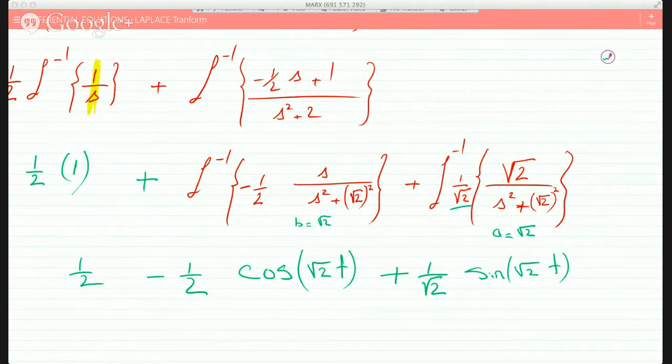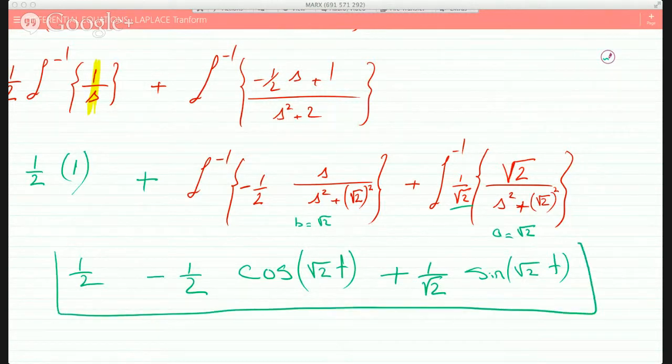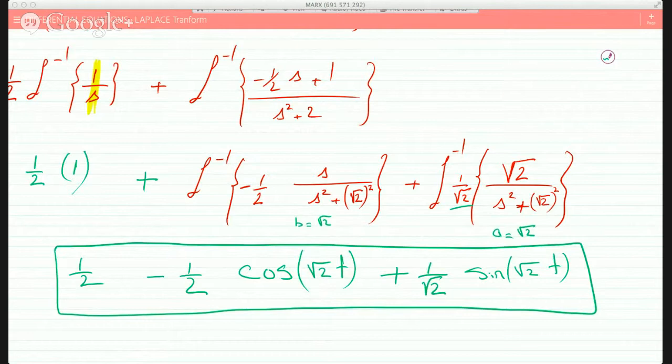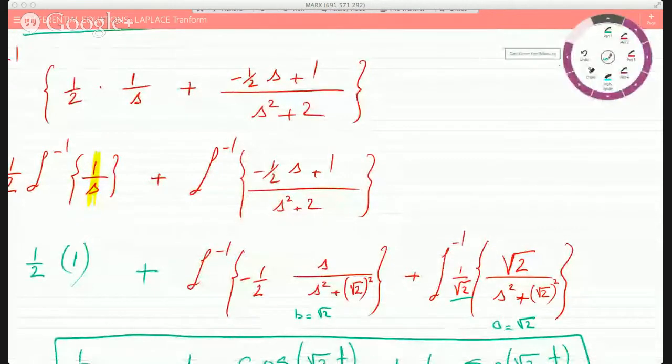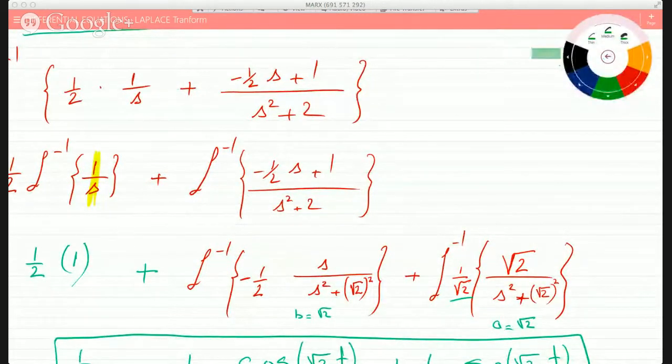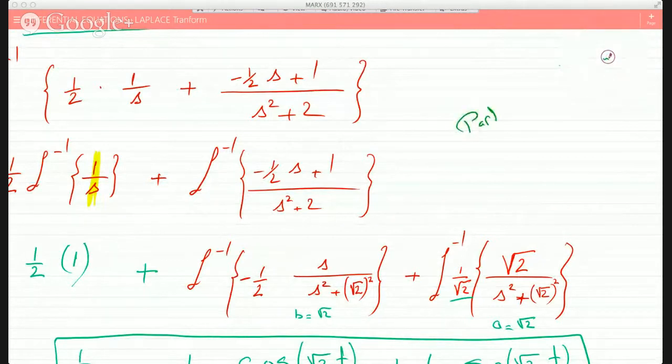So this is the inverse Laplace transform of your function, using partial fraction decomposition.